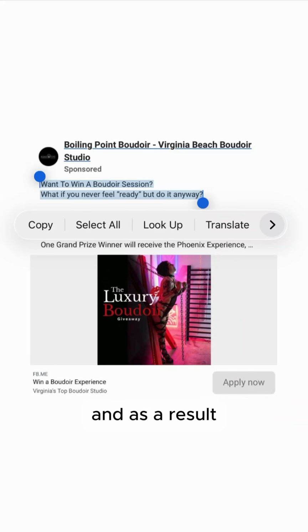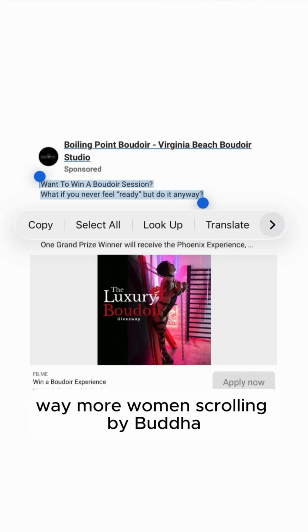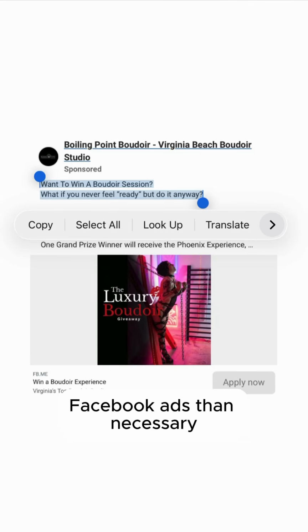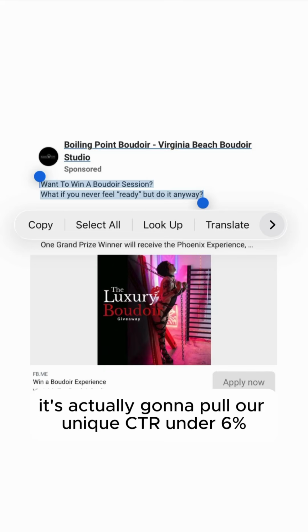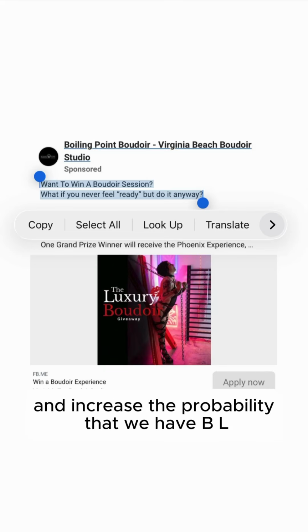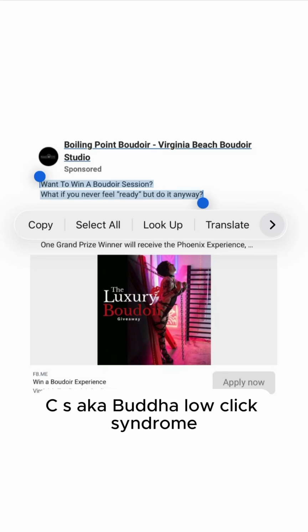And as a result, we're going to have way more women scrolling by our boudoir Facebook ads than necessary. And it's going to pull our unique CTR under 6% and increase the probability that we have BLCS, aka boudoir low click syndrome.